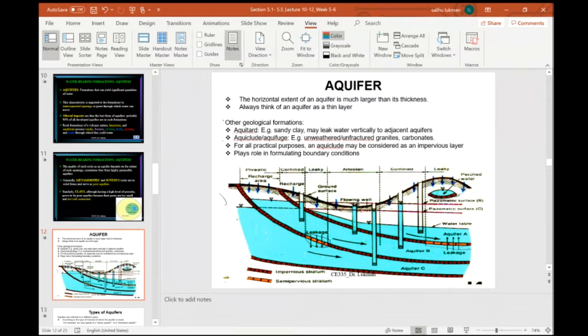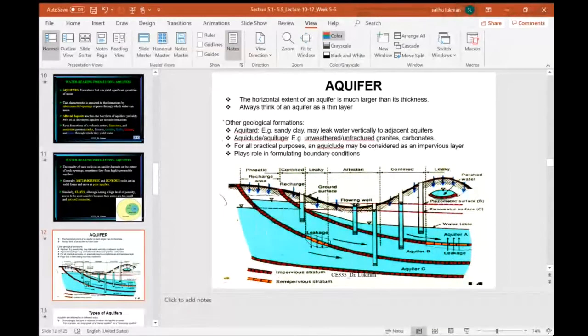Now, someone may ask, where do aquifers get their source of water? They get their source of water from the ground surface, from recharge areas. If you look at this area here, it is called the recharge area, in the far left end.